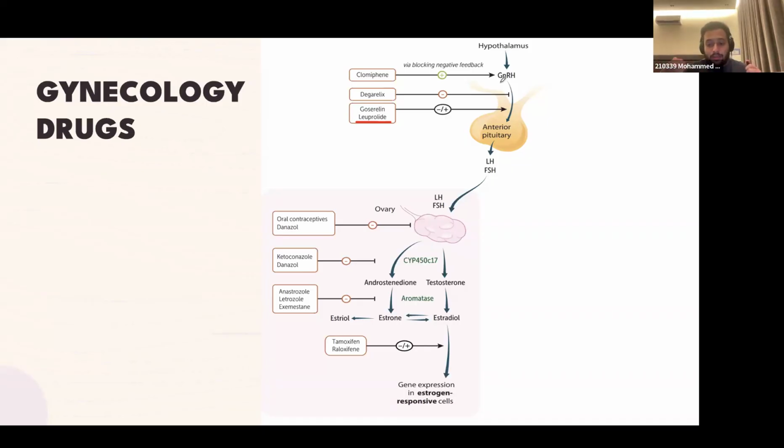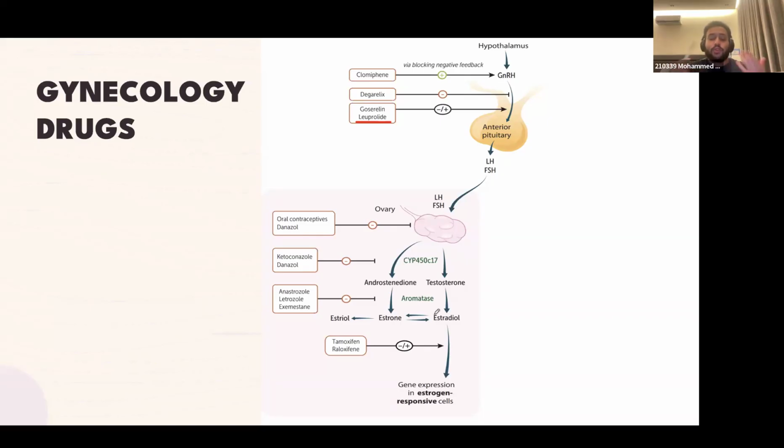Letrozole and others act on what enzyme? What does letrozole act on? Aromatase. It's an aromatase inhibitor. So aromatase basically takes something and forms estrogen, whether this is testosterone to estrogen, androstenedione to estrogen, or estrone or whatever.